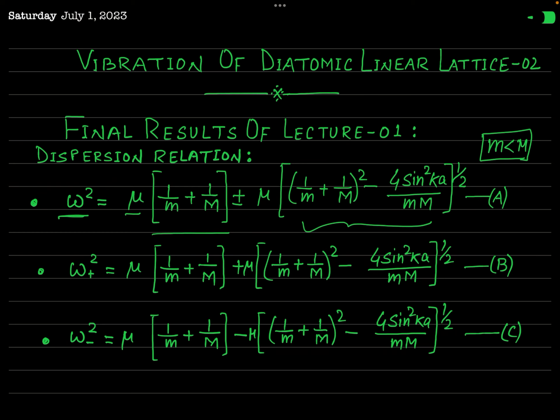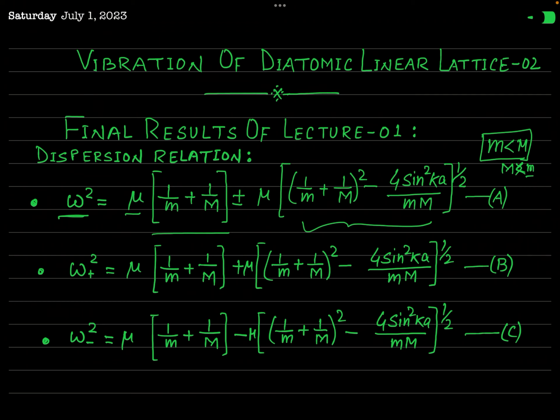It is possible that in that textbook capital M has been taken smaller than small m. But our calculation was based on the assumption that small m is less than capital M.